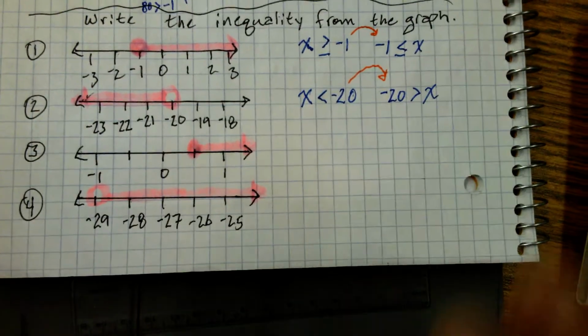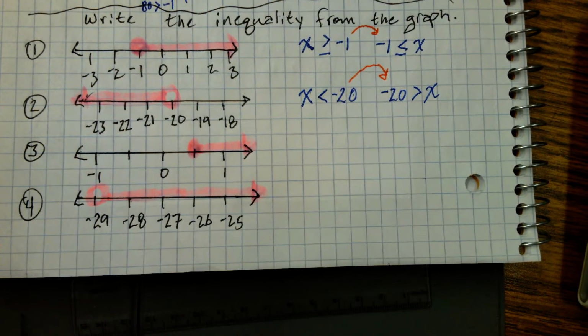All right. So use what you know. Check in with your partner, see if you both agree, and write down these two. And then flip it around and write the other possible solution. So start with X and then decide what it should be.